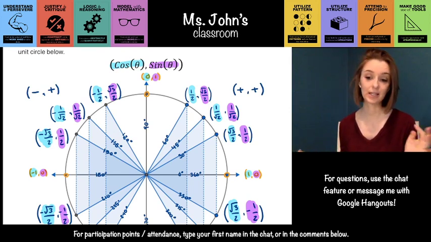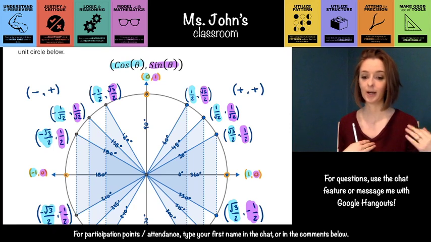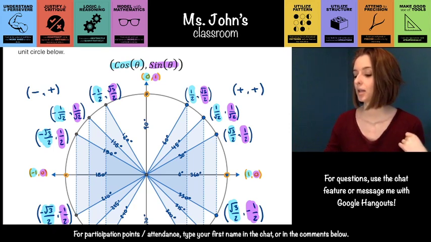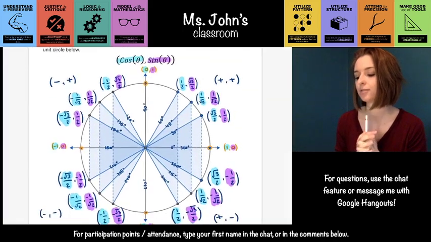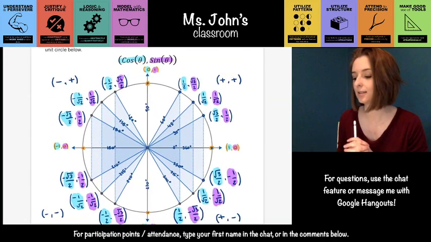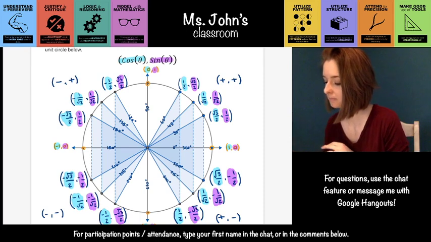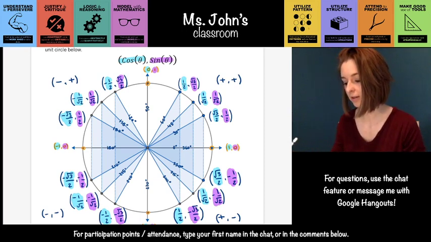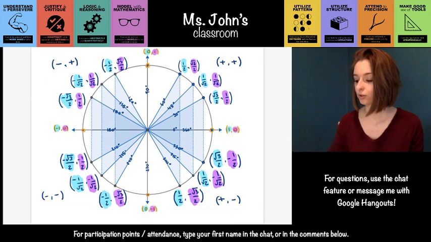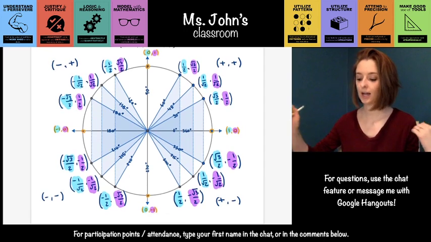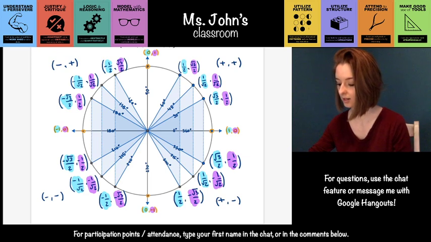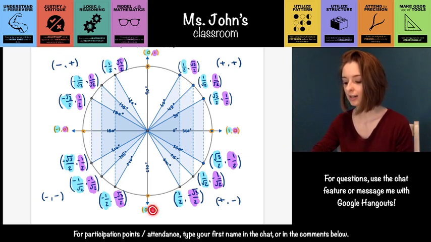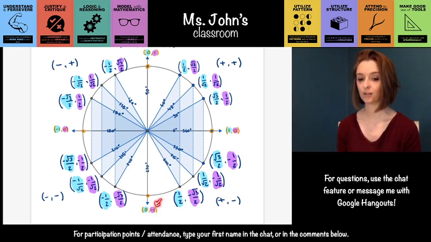And this also works in the opposite direction. If you know, for example, that sine of some angle is -1, you look through your chart and you find a sine value of -1, which only occurs here. So you know that the angle they're talking about is 270 degrees.